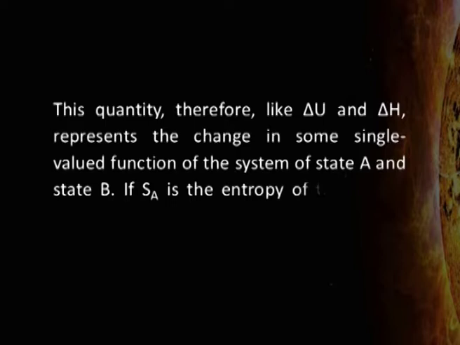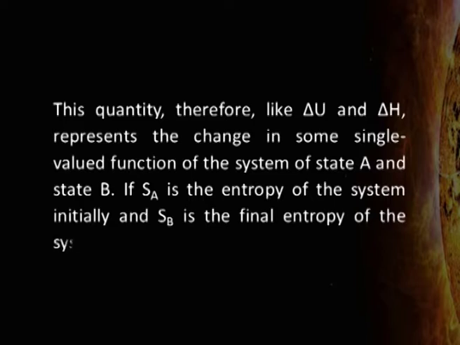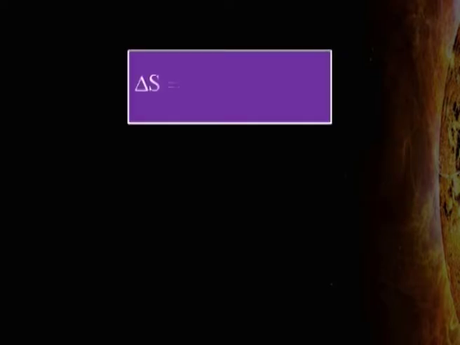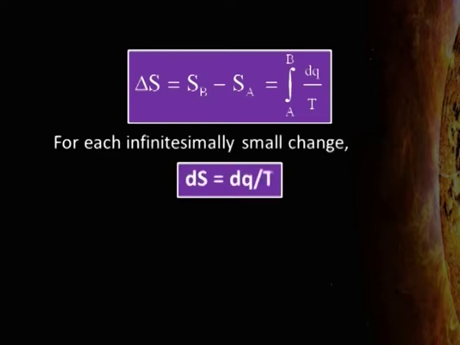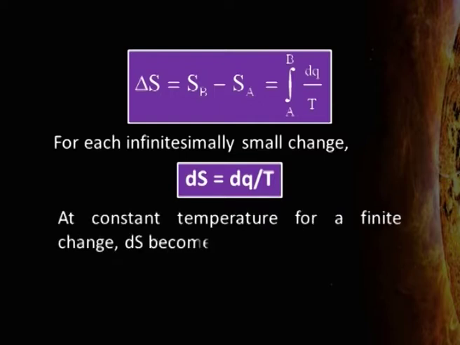If SA is the entropy of the system initially and SB is the final entropy of the system, then delta S, that is change in entropy of the system, will be given by SB minus SA, which will be equal to the integral of dq/T within the limits A to B. For each infinitesimally small change, dS will be equal to dq/T, and at constant temperature for a finite change, dS becomes delta S and dq becomes q.